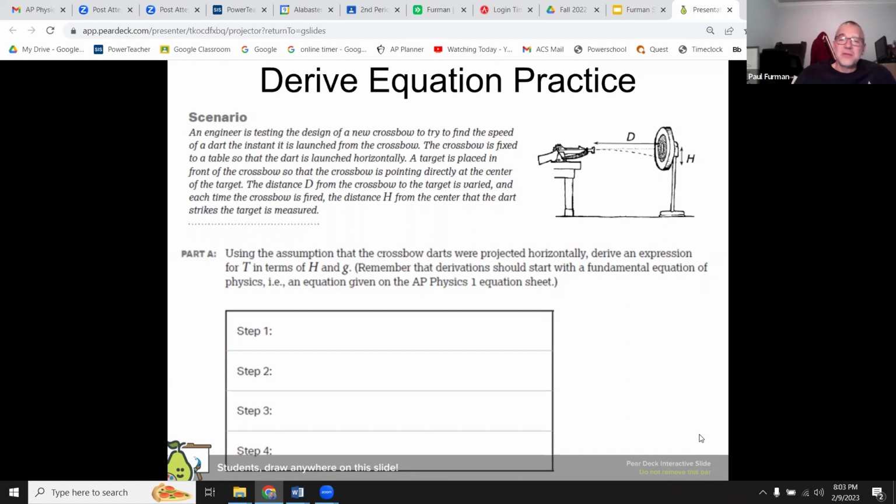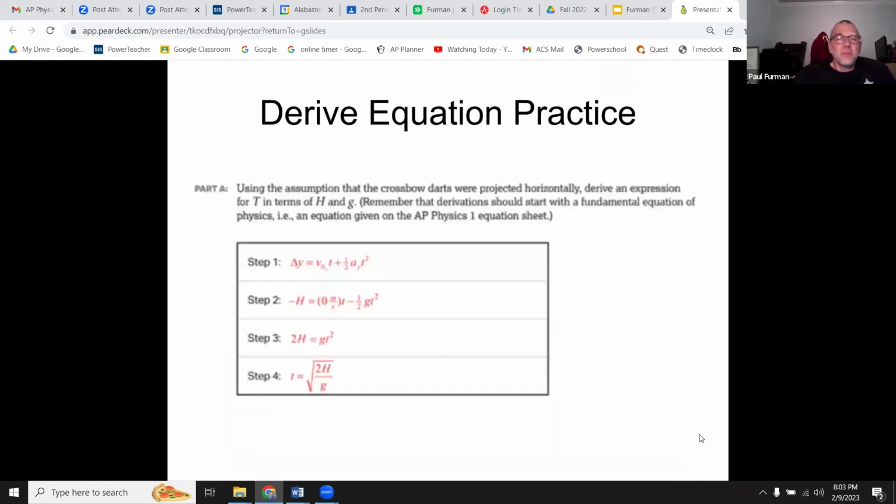So when you're deriving an equation, if you're not sure where to start, start with some formula from the formula sheet that you know. And in this case, it's kinematic number 2. Delta x is equal to v naught t plus 1/2 a t squared, or delta y they use in this case because it's the vertical dimension.